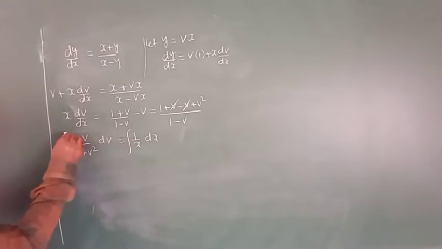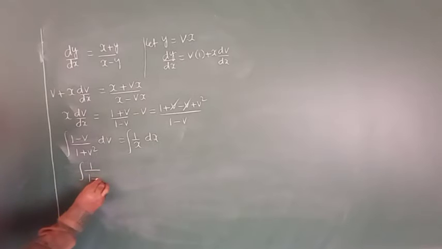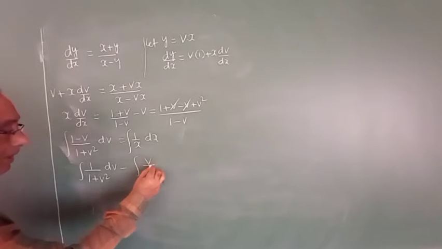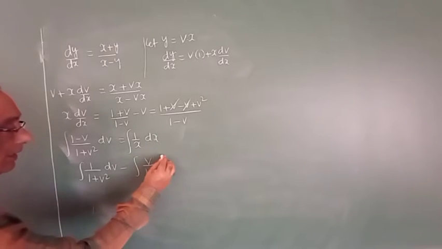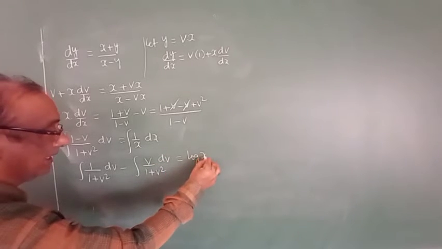The x derivative is completed. So now separate the two parts. Integral of 1 by (1 plus v square) dv minus integral of v by (1 plus v square) dv is equal to log x.